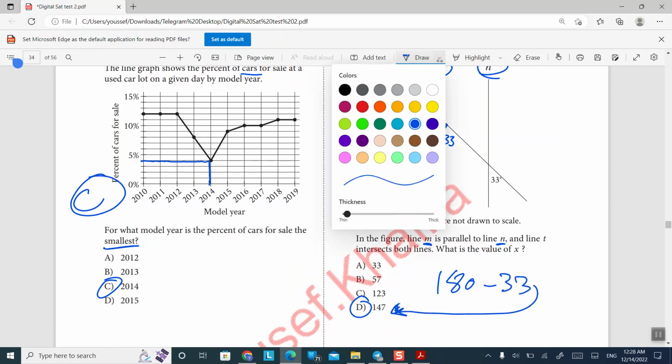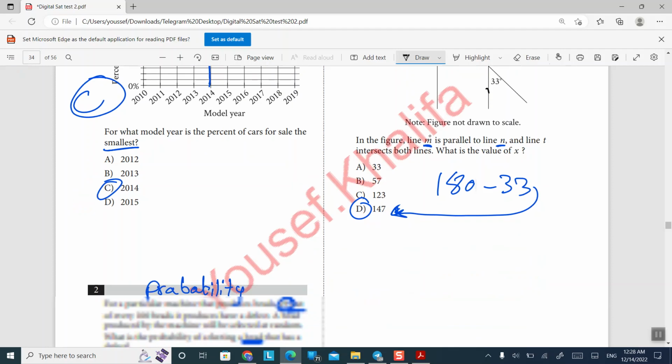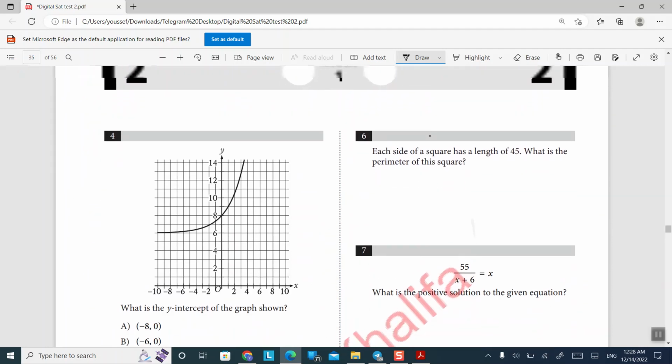Or in other words, you can use another way, since these two angles are vertical angles, so both are congruent, 33. These two are alternate interior angles, 33 as well, and that's 147. Okay, so let's move on.